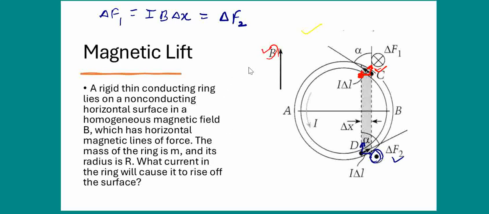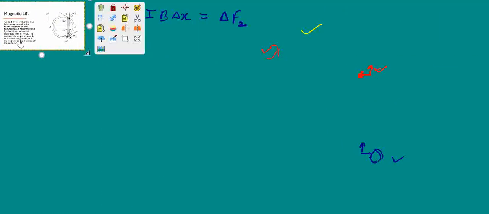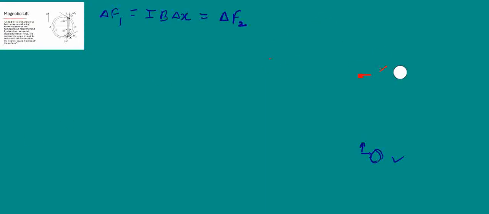And this torque, if I get some space here, I will be able to write the values of torques created by these two forces on the small segments, delta F1 and delta F2, as delta tau.